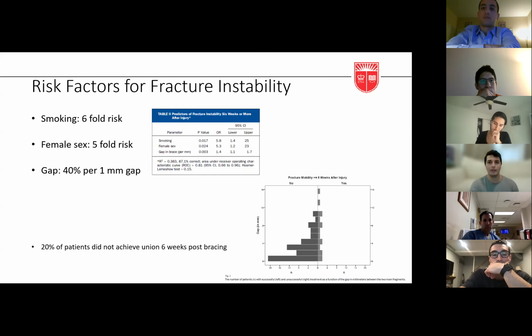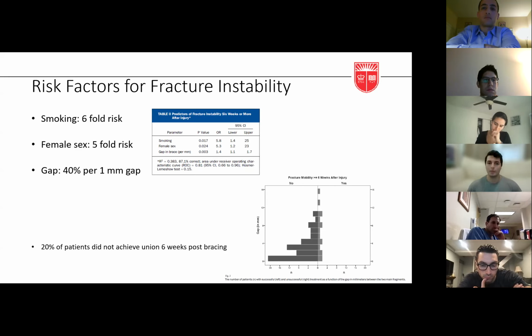They found that with these 3 factors there's an increased risk of maintaining fracture instability at 6 weeks. With smoking, there's a 6-fold increased risk. With female sex, there's a 5-fold increased risk. And for gap, with every 1 millimeter increase in the gap on imaging, there was a 40% increased chance for fracture instability.